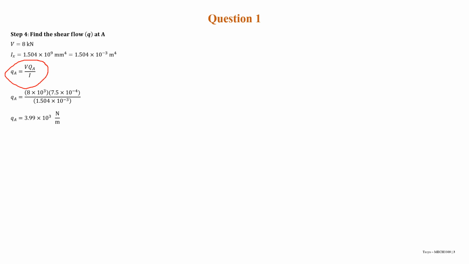We put everything in here, and we obtain the value for q A as 3.99 times 10 to the power of 3 Newton per meter.